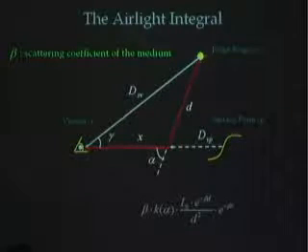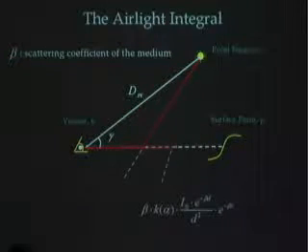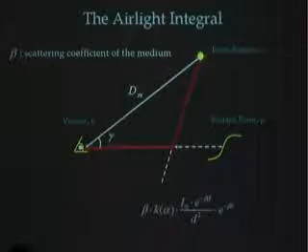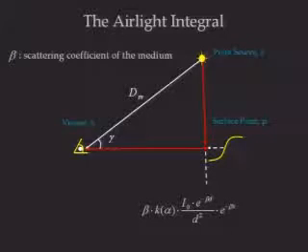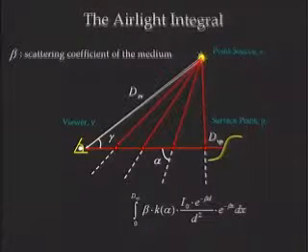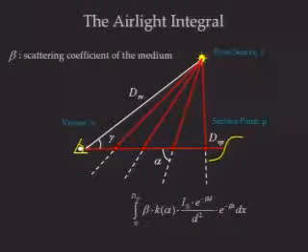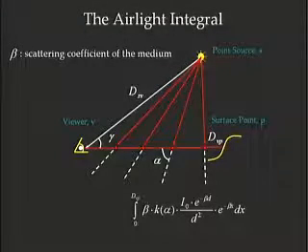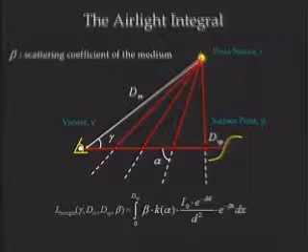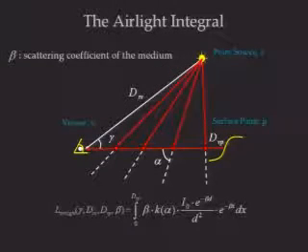So this is sort of the basic principle of light propagation due to scattering. Okay? Now, this is not the only ray that we need to consider. You need to consider all the other rays that are falling on this line of sight. Right? So that means then you need to compute this integral over a range of distances, that is, from the viewer to the surface. Okay? So this is the final irradiance that falls on the camera.